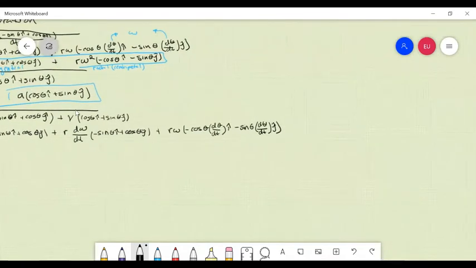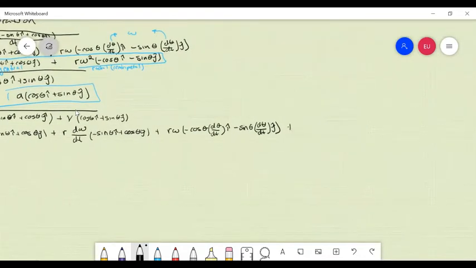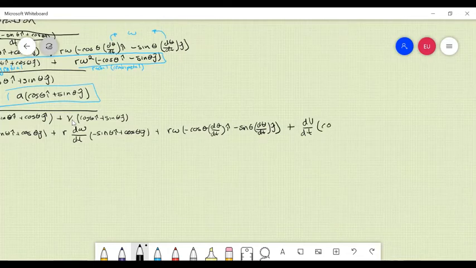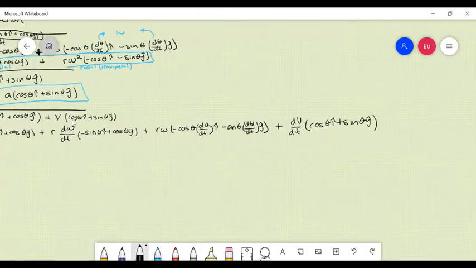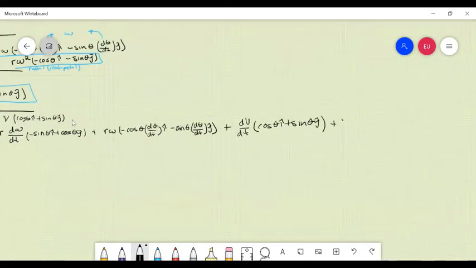Okay. Let's derive the second one. The second one would be, I derive the first one and I keep everything else the same. I keep the first one the same and derive the second one, which is going to be minus sine.